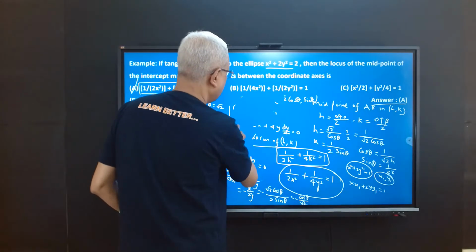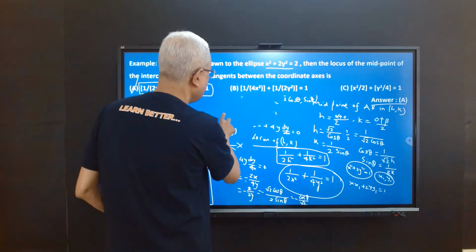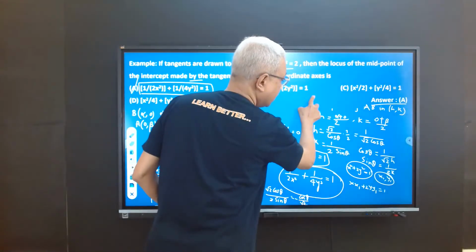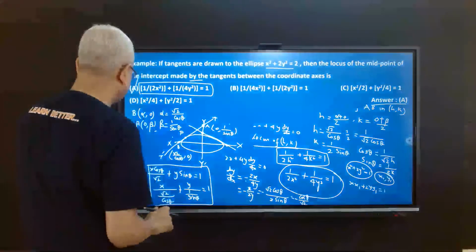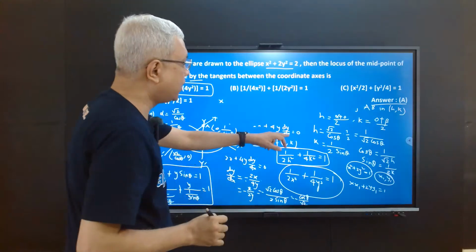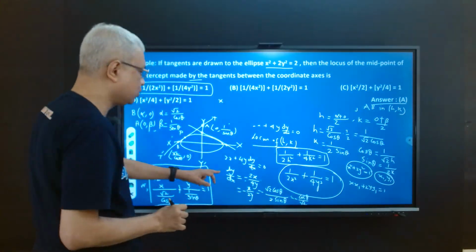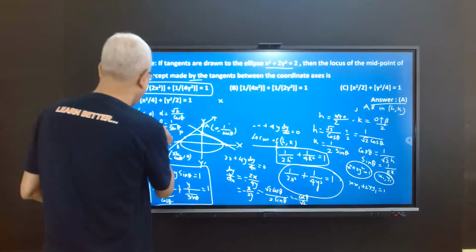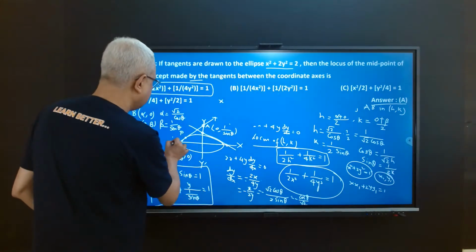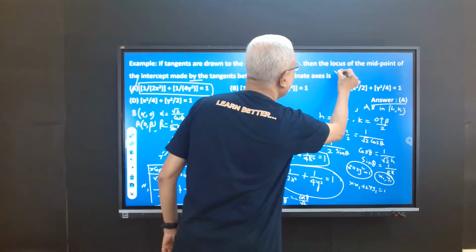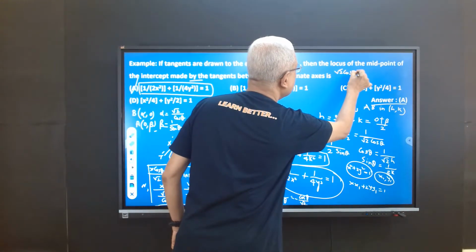So this equation, how does it look like? So x1 is how much? x1 is actually root 2 cos theta, because we told that any point on this ellipse is actually root 2 cos theta, sin theta.